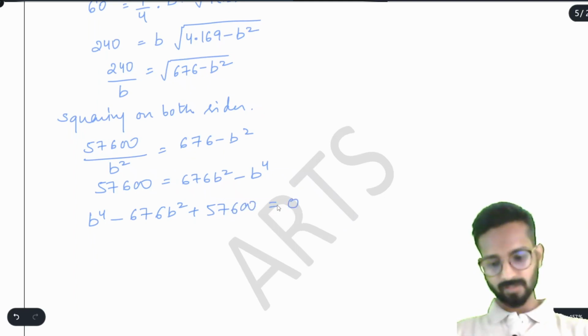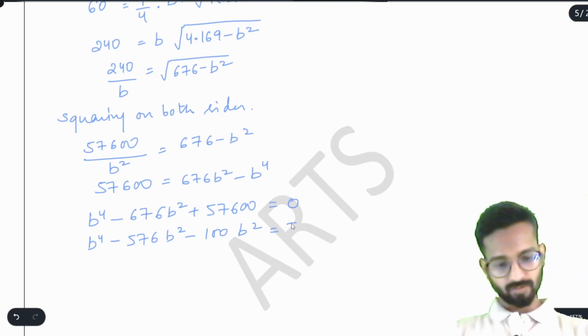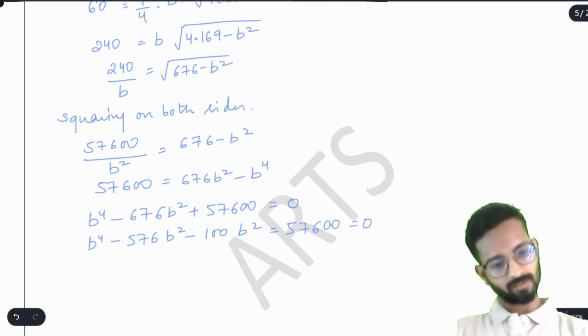is equal to 0. We can write b power 4 minus 576 b square minus 100 b square plus 57,600 is equal to 0.